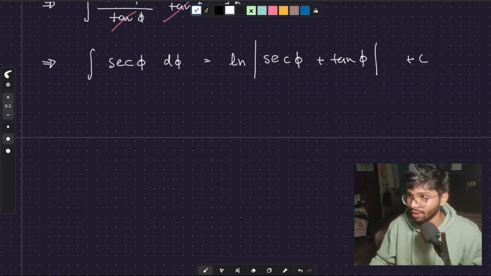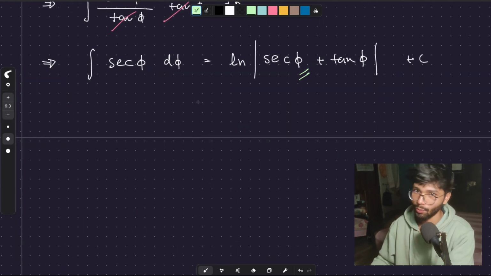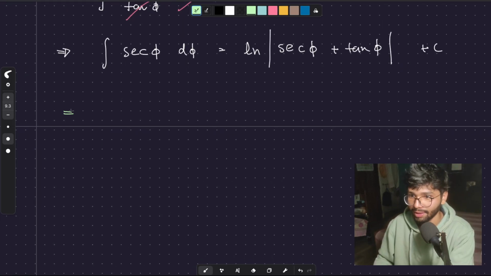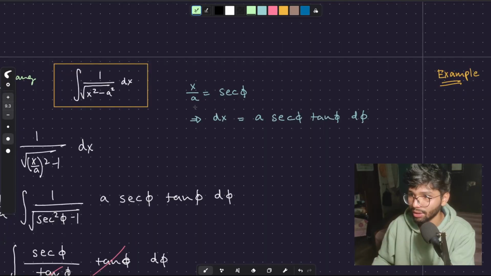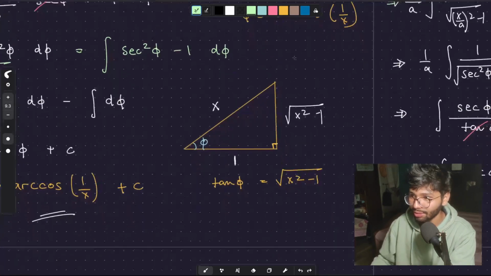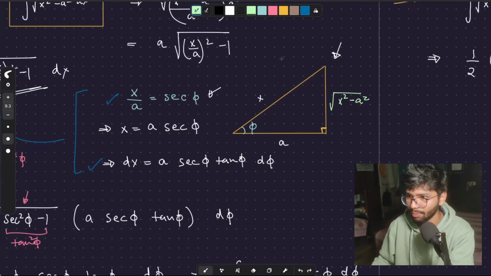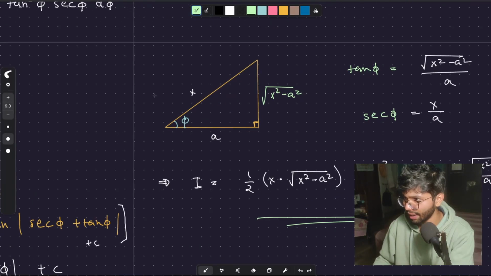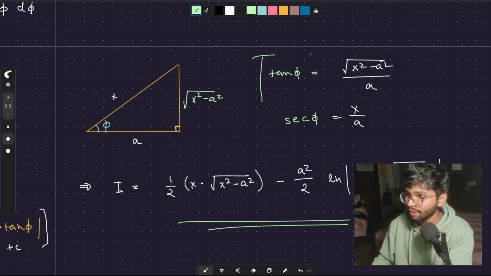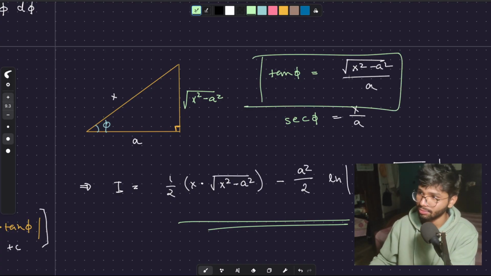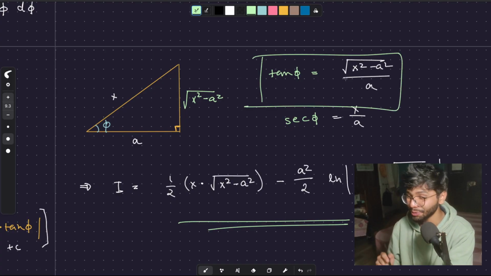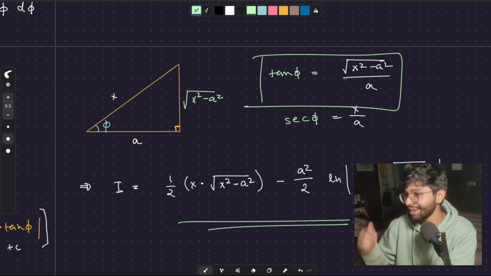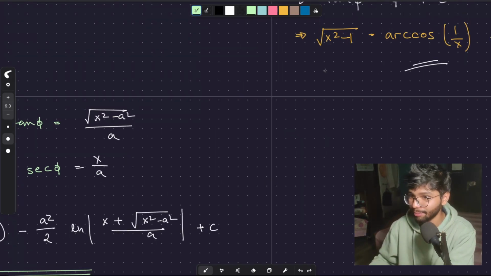Great. But we're not done yet because we're still in the phi mode. We need to be in the x mode. So what is our secant? We know that from the substitution. And what was our tangent? We need to take our good old previous triangle. We found the tangent to be the square root of x squared minus a squared, over a.